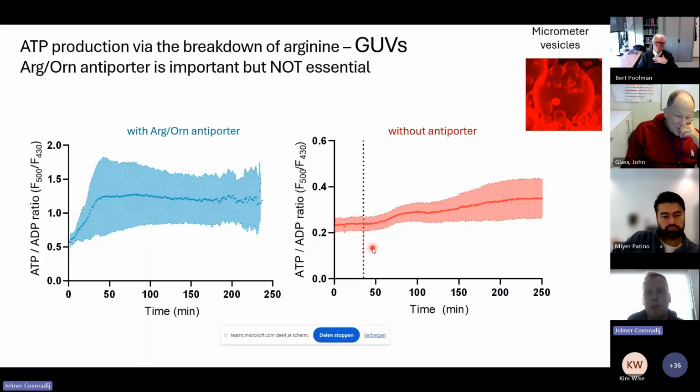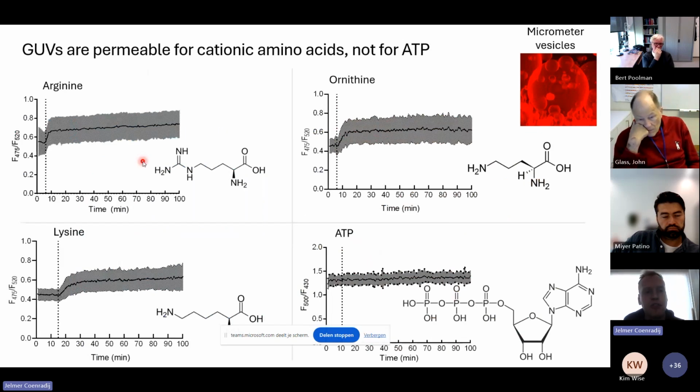So what we thought is that probably arginine somehow enters the GUV. And so what we did is we made empty GUVs with only a sensor for cationic amino acids on the inside. And then we added our substrate, so arginine, but also ornithine and lysine.